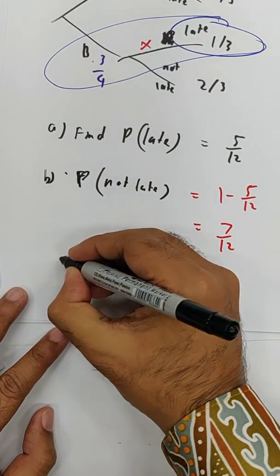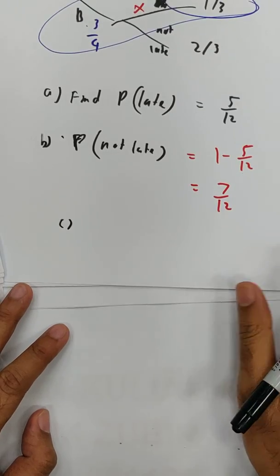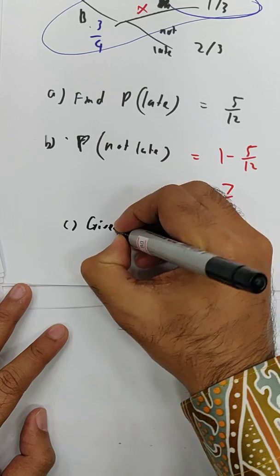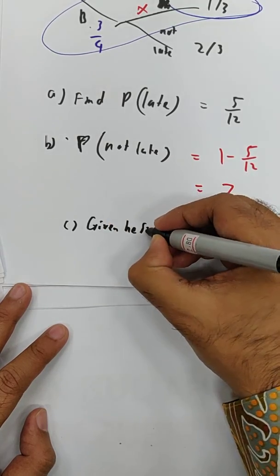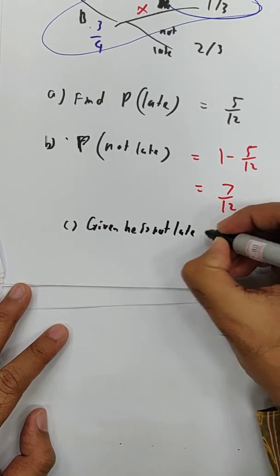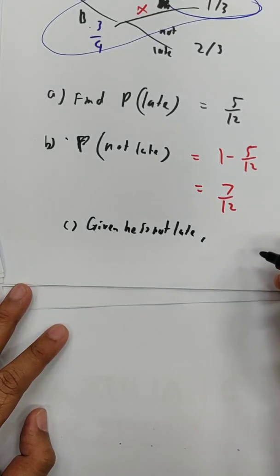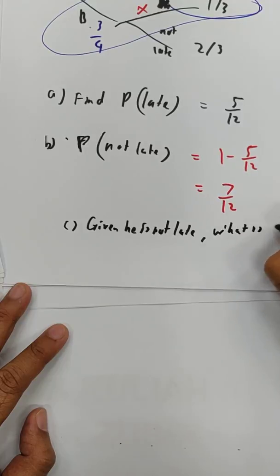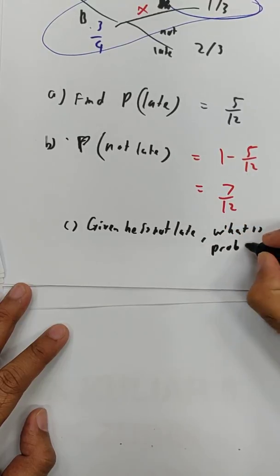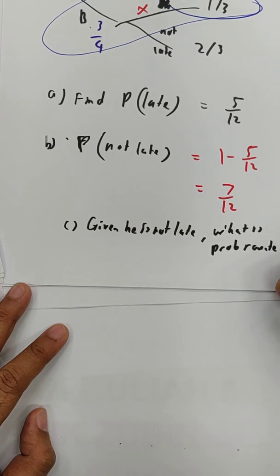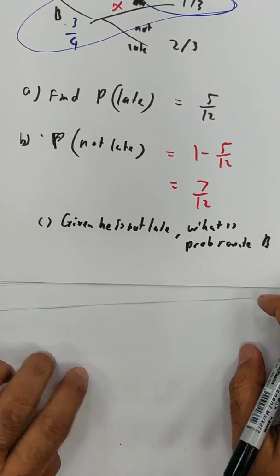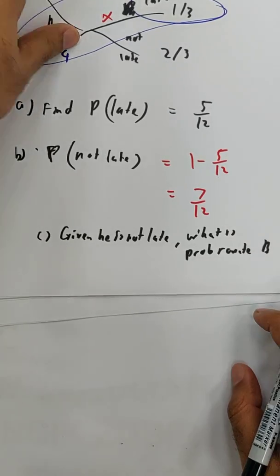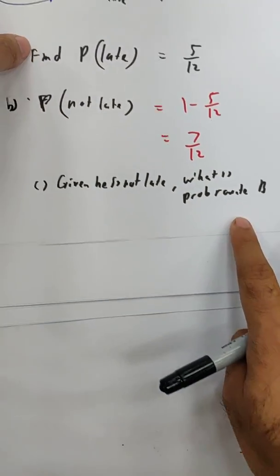Now, what about if I ask you finally, given he's not late for work, what's the probability he chose route B? How do we do this? Well, firstly, you need to decode this given case first.